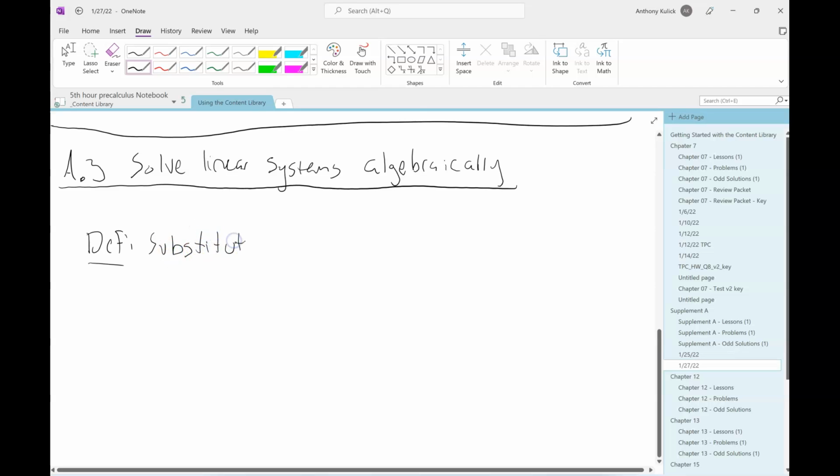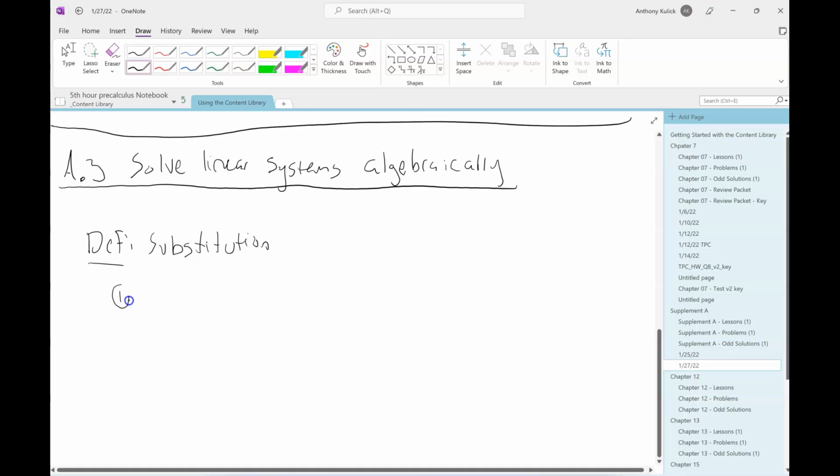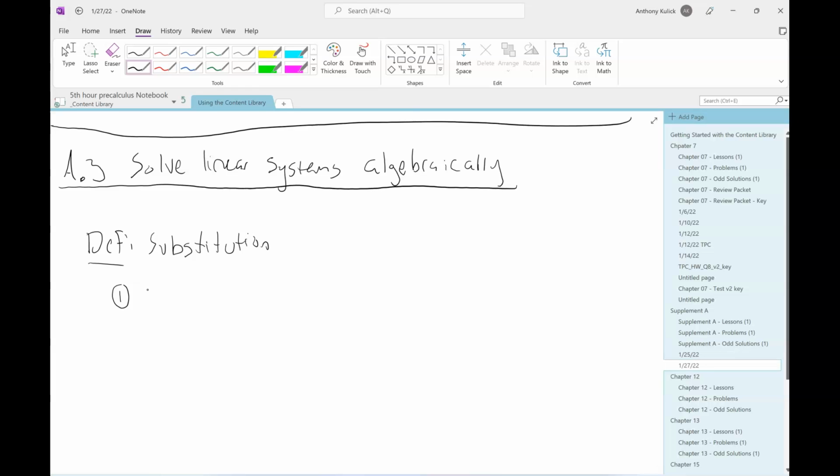And again, this should look familiar from what you did last year in your Algebra 2 class. We're largely just rehashing things that we had done. So we'll talk about the steps that we'll use to do substitution, and we'll do some examples here.